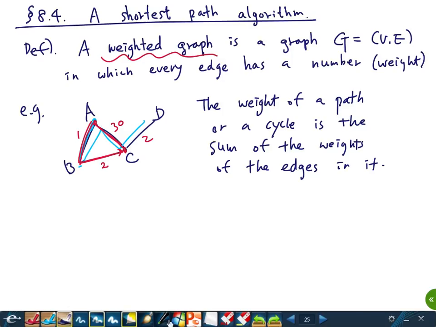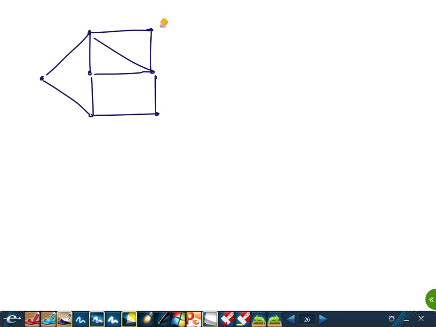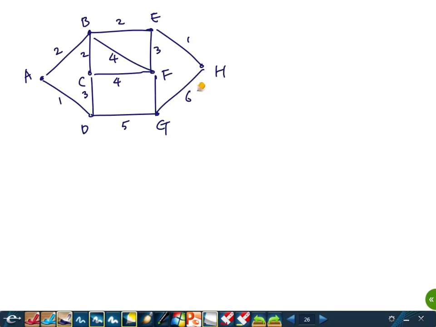Okay, let's see then the problem. So we have, think of this as a city map in some country. We have the vertices represent cities like A, B, C, D, F, G. And we have weights like 1, 2, 2, 3, 4, 4, 2, 5, 3, 1, 6. Okay?